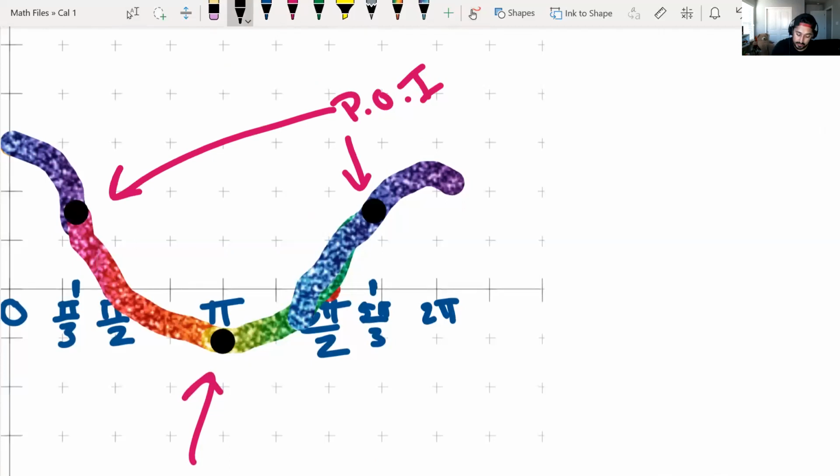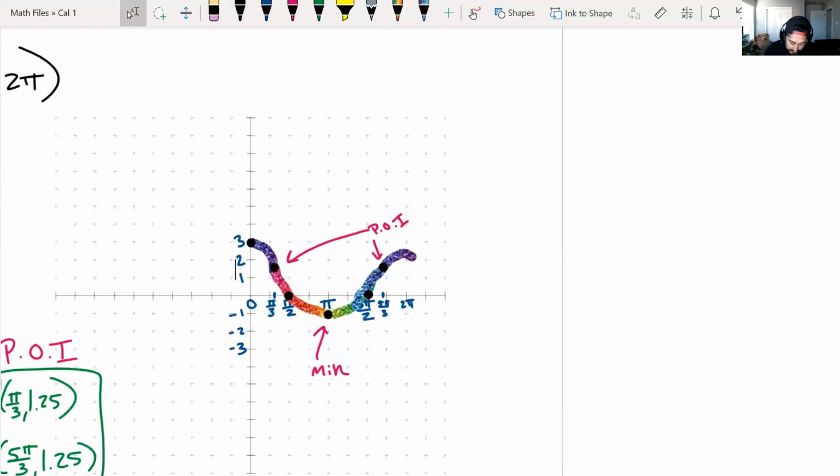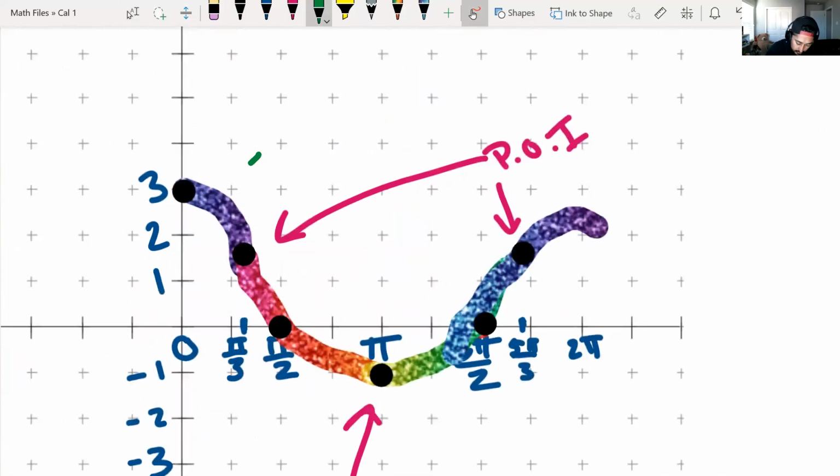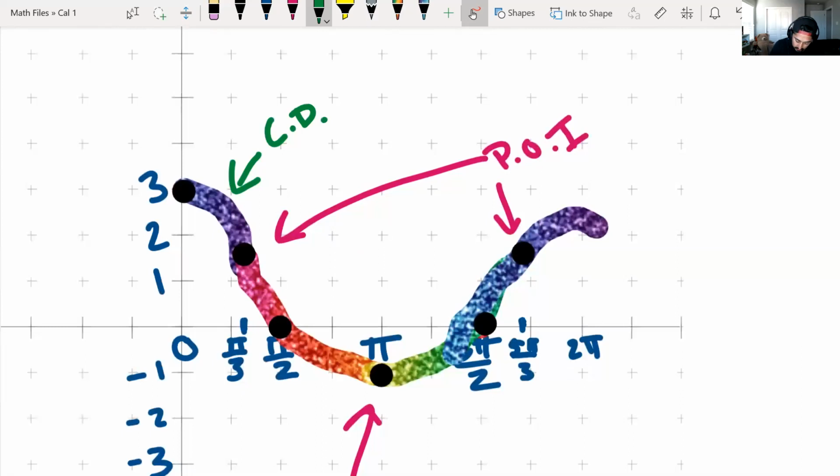And then here were my X-intercepts, one there, Y-intercept there. Voila. Oh yeah, concavity. All of this, starting here, is concave up. And then this part, concave down.